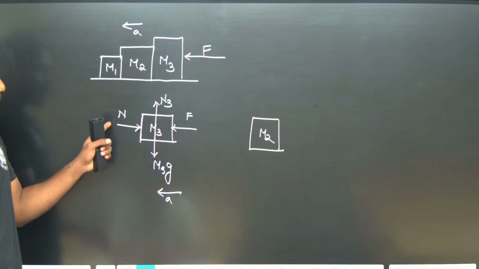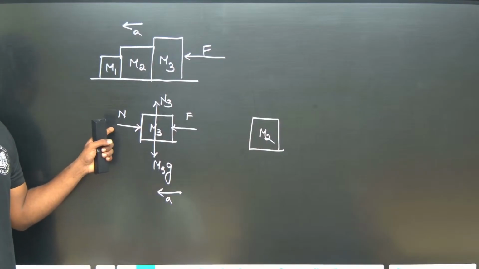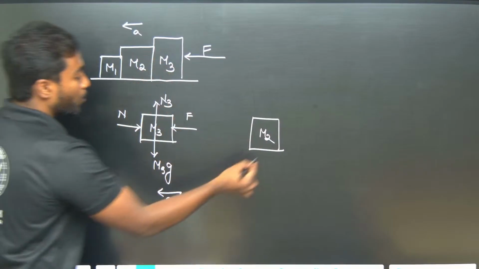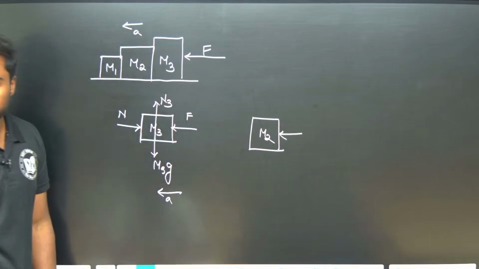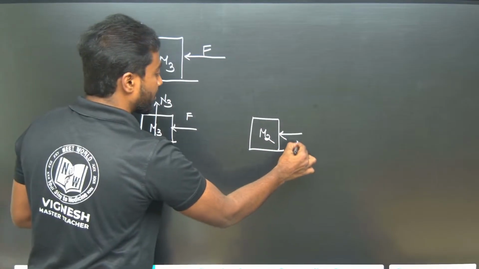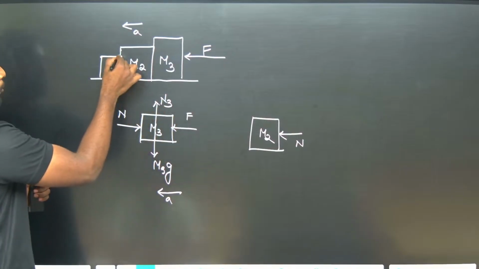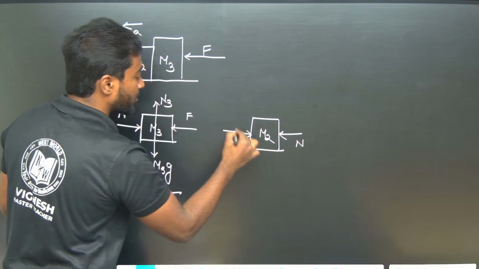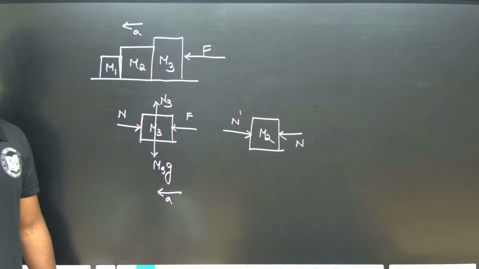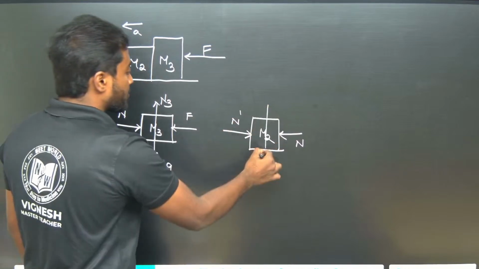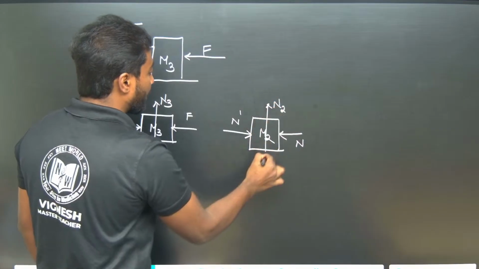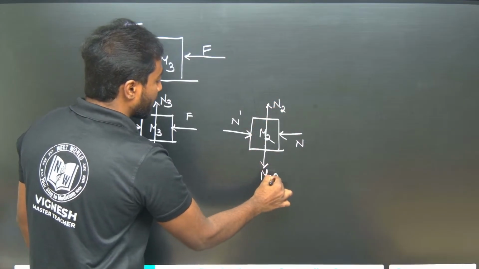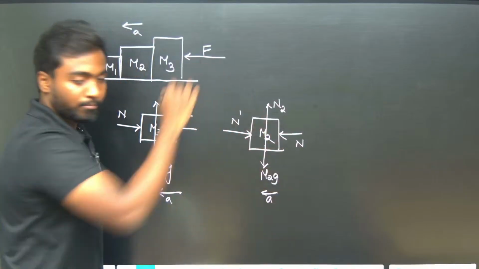M2 has an equal and opposite normal force N exerted by M3, and the force exerted by M1 also will be there, in this direction, that is N dash. This is my N2 and this is my M2G, acceleration in this direction.